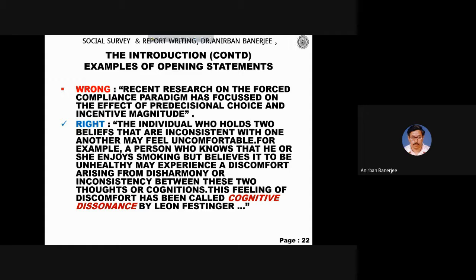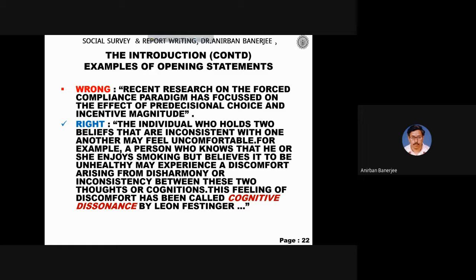But if it is rephrased in this manner, the individual who holds two beliefs that are inconsistent with one another may feel uncomfortable. For example, a person who knows that he or she enjoys smoking but believes it to be unhealthy may experience a discomfort arising from disharmony or inconsistency between these two thoughts or cognitions.